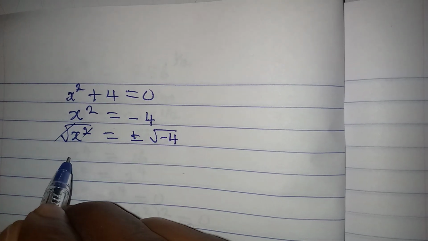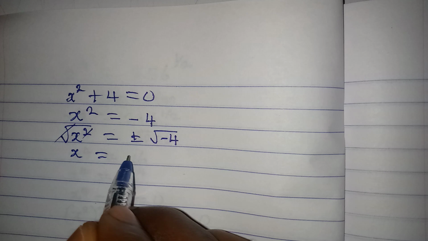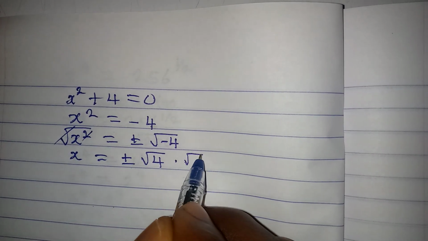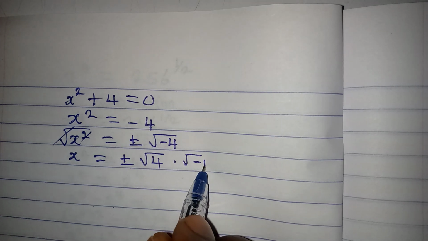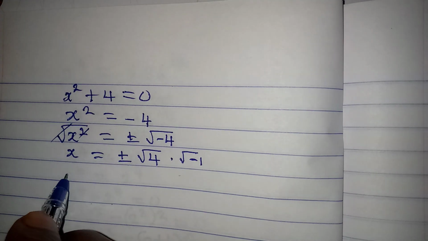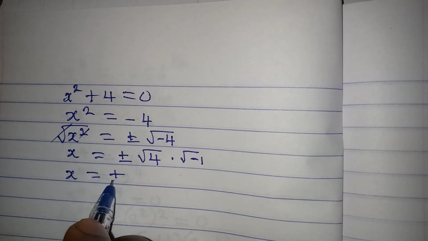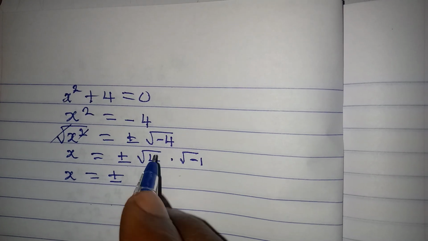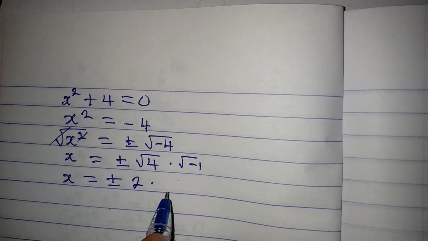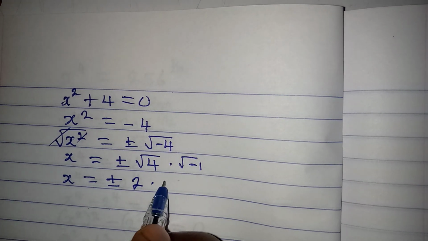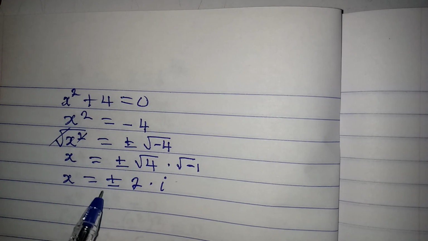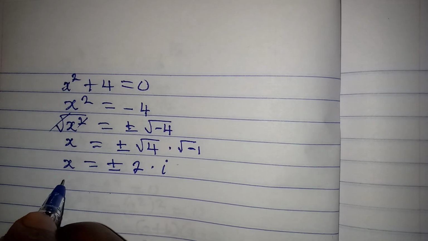The square root and square cancel, and x will be plus or minus the square root of 4 multiplied by the square root of negative 1. This is because the square root of negative 4 will not give you a real number. Now, x is equal to plus or minus the square root of 4, which is 2, multiplied by the square root of negative 1, which is imaginary, so we will have i from there. And this is a 2-in-1 solution because of this plus or minus.